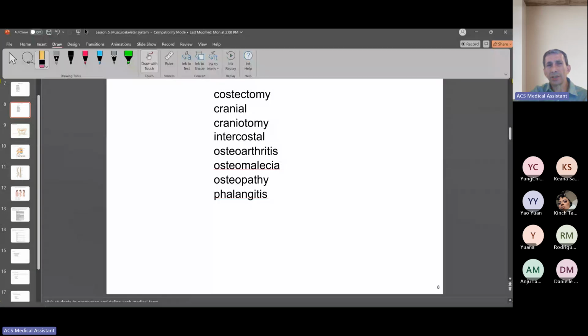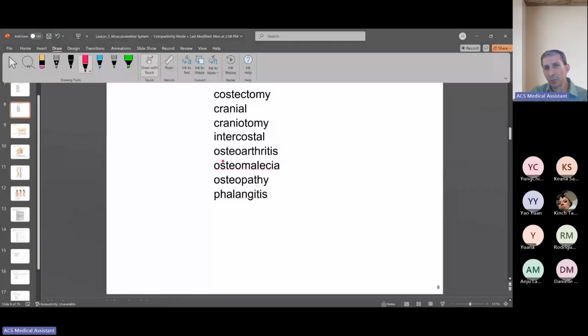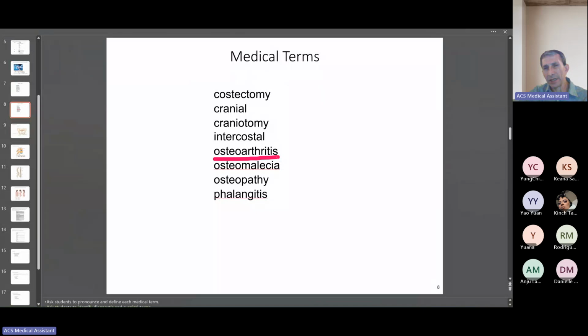Here it says osteoarthritis. Next one, I'm going to break it down. Itis is the suffix. Arthr is the word root. O is the combining vowel. Oste is the word root. So itis is inflammation, arthr is the joint or articulation, and oste is the bone.